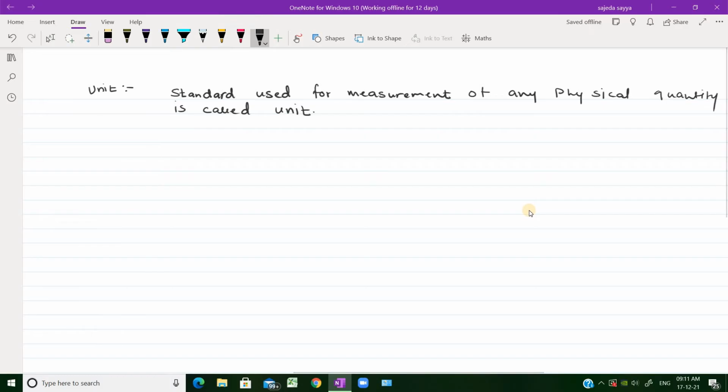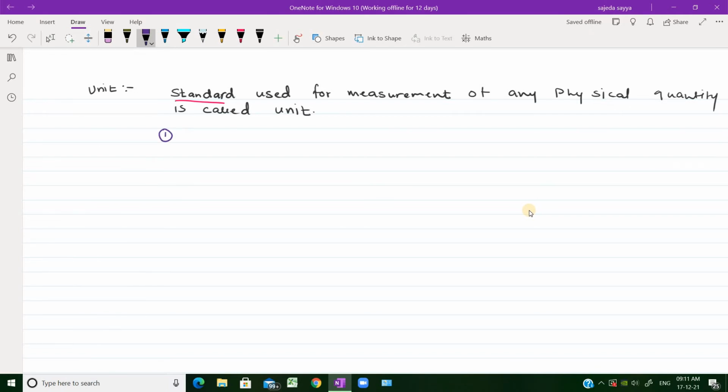So a unit is the standard which is used for the measurement of any physical quantity, and that is common everywhere in the world. There are many systems of units which were used previously.